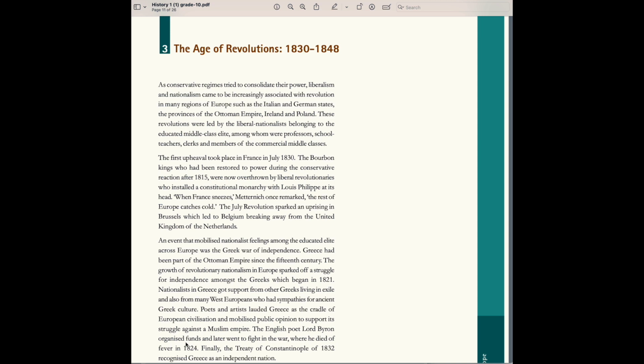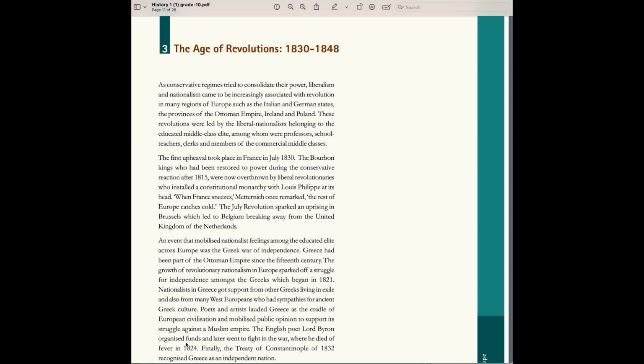These revolutions were led by the liberal nationalists belonging to the educated middle class elite, among whom were professors, school teachers, clerks, and members of the commercial middle classes.